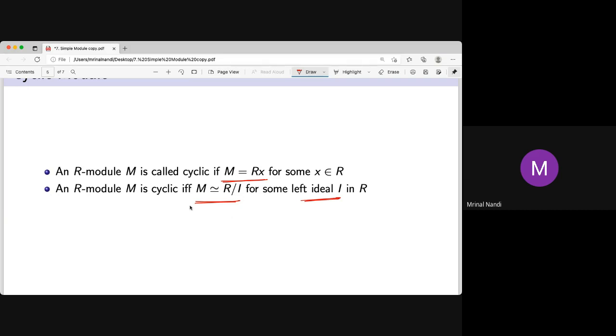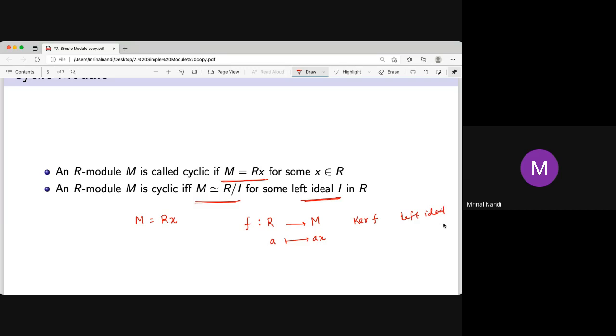How to prove this? Okay, first we assume that M is cyclic, so M equals Rx. Now we can define a function from R to M, a goes to ax. Now what is the kernel of this? Kernel is a left ideal.